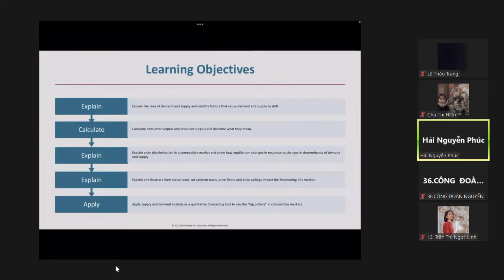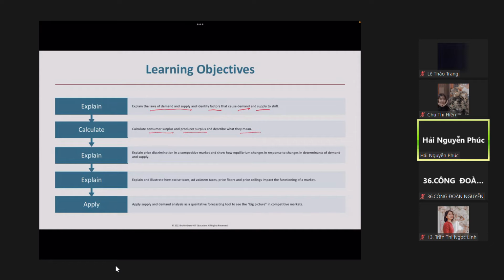Here are the key questions we are going to look for in chapter number 2. First, we are going to discuss the law of demand and law of supply. We are going to identify the factors that shift the demand curve and the supply curve. Okay, hope that you remember it. Then we are going to discuss consumer surplus and producer surplus, and discuss the meaning. Why do we care about consumer surplus and producer surplus?